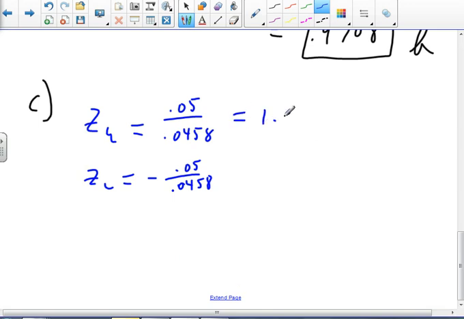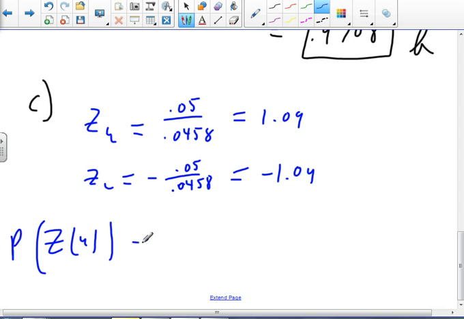That gives 1.09 and minus 1.09. We want the probability of the upper Z minus the probability of the lower Z, and my notation is really bad.